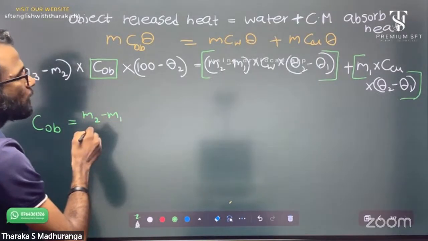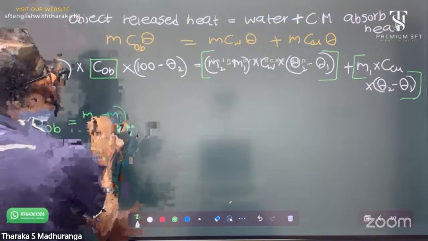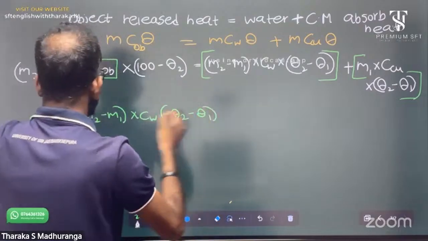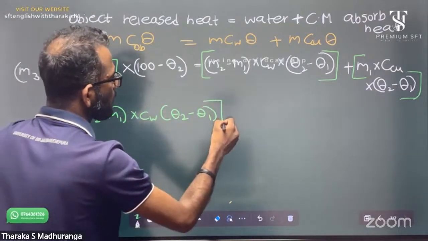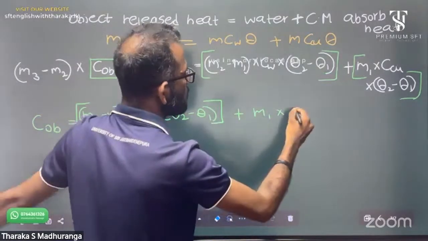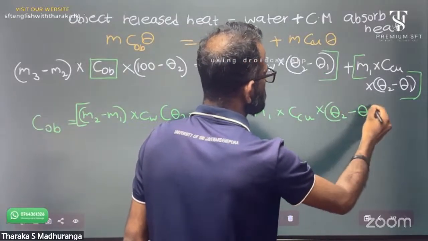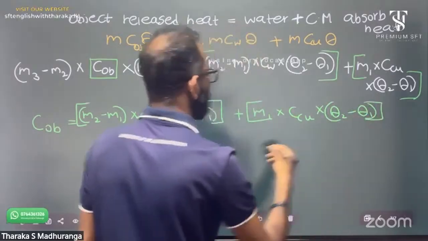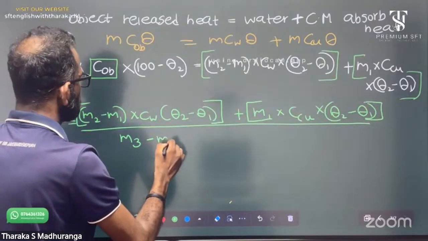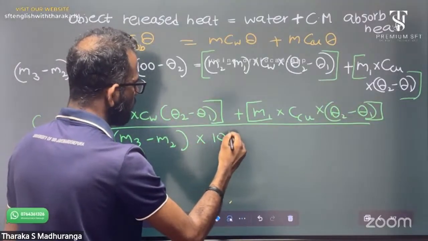That was an exam question, and it had to be written out in full: M2 minus M1 into CW into theta 2 minus theta 1, plus M1 into C copper into theta 2 minus theta 1, divided by M3 minus M2 into 100 minus theta 2.